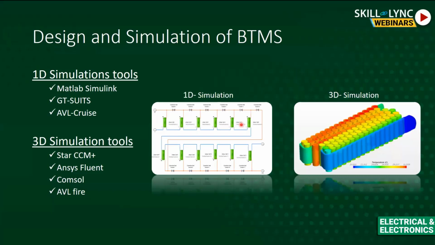The prerequisite for the equivalent circuit model is a lookup table or data that shows the SOC, impedance, or series resistance values, with respect to SOC, temperature, and C rate.